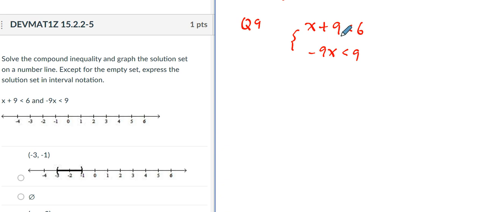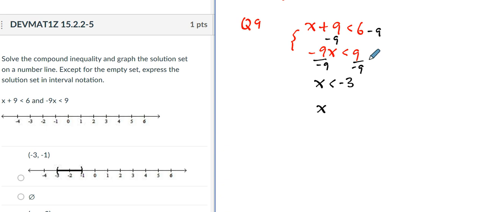Solving the first one is not hard. Subtract 9 on both sides. You then come up with x less than -3. Okay. Now, how about the second part? Second part, you divide by -9, because -9 divided by -9 is +1, and 1 times x is x.